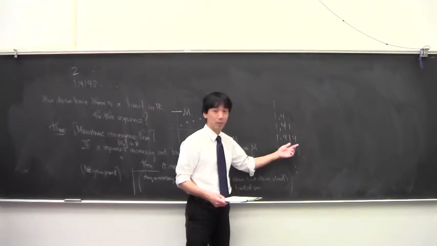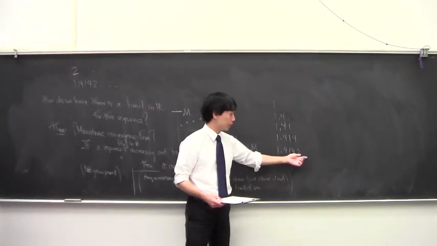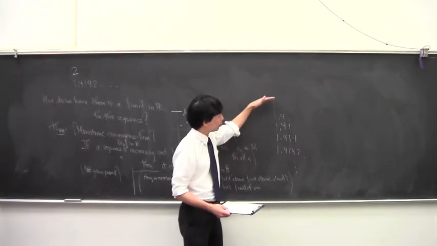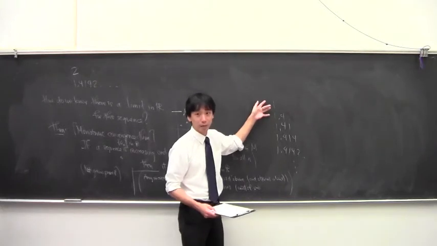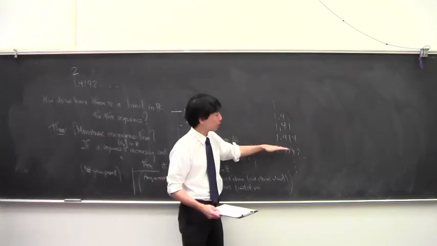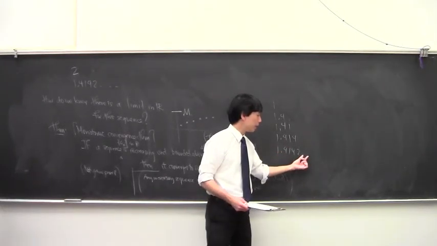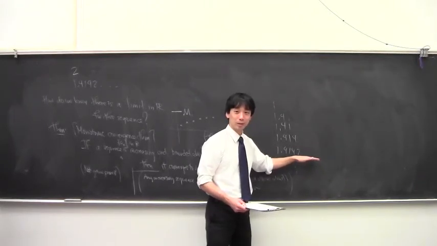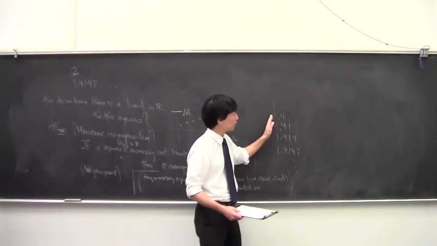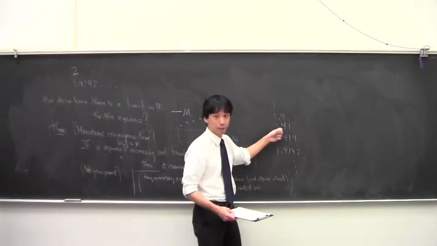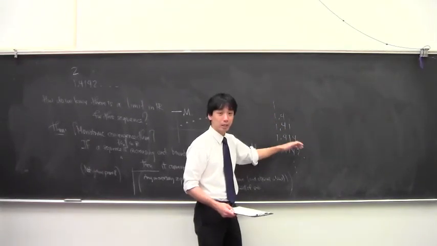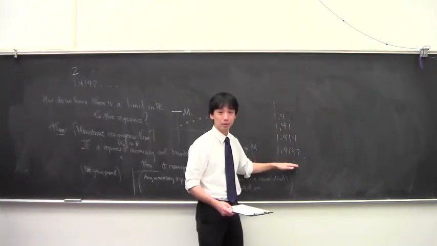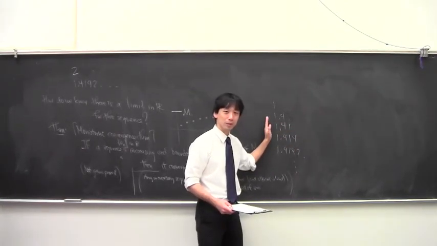You would say, by the monotonic convergence theorem, yes, it does, because all these terms are bounded by 1.5, and every time you're adding on a number, you're making the sequence a little bit bigger. So this is an increasing sequence with an upper bound, so I know there's going to be some limit to it. That's how one uses it.